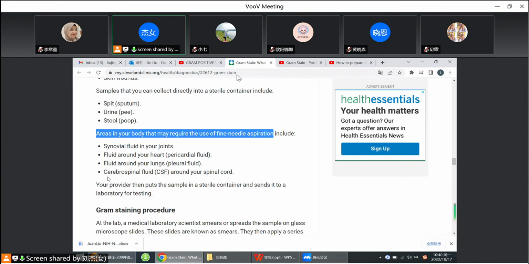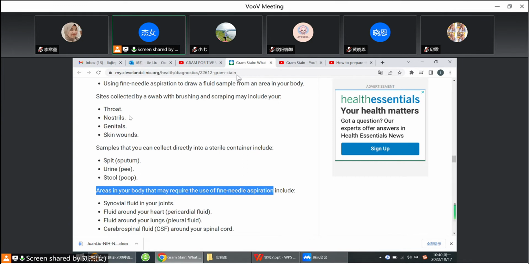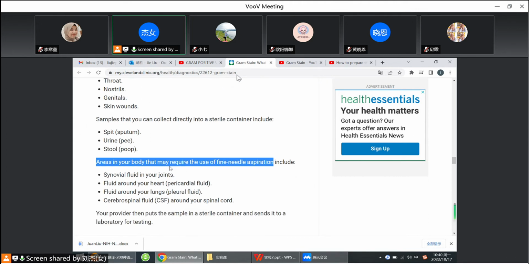That is the cerebrospinal fluid. So you see, it just gives you examples of three different ways where you can get samples.